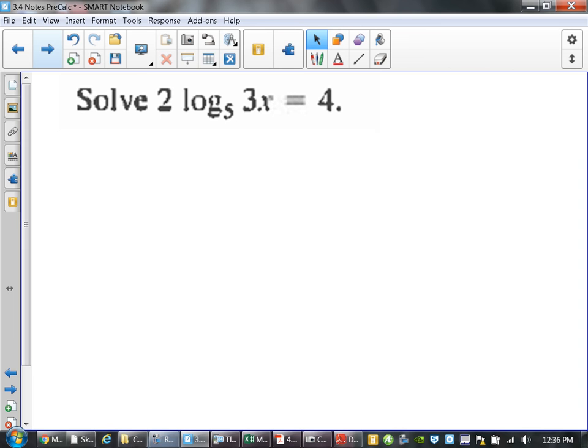So the first thing you got to worry about here, you got to move the 2. How do you move the 2? So we have log base 5. And then 5 it.